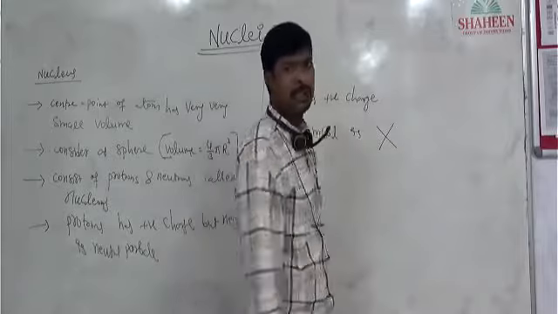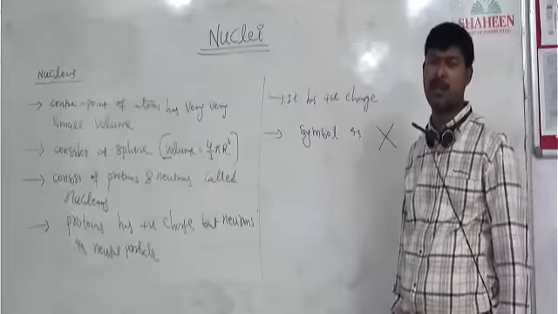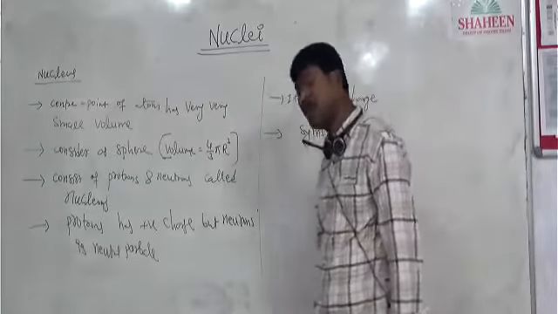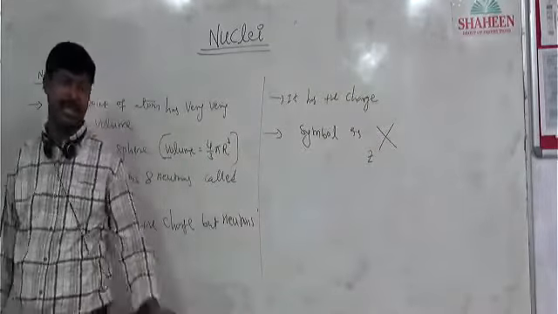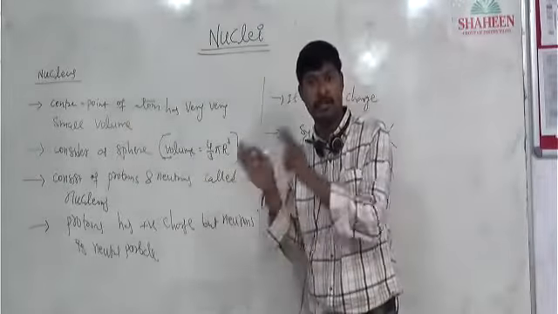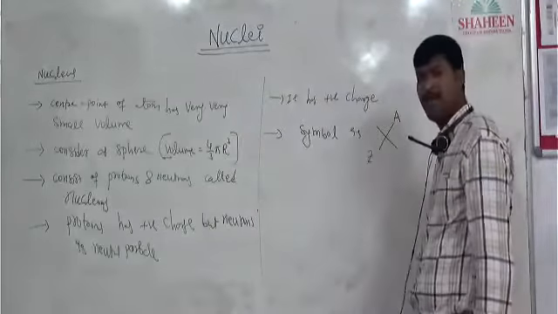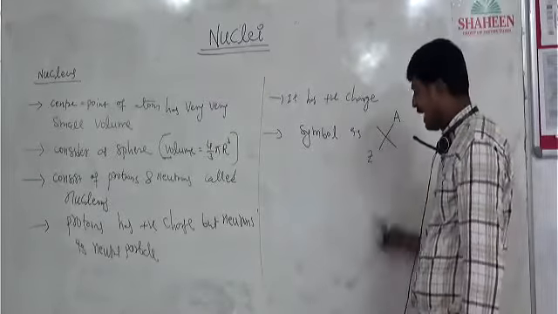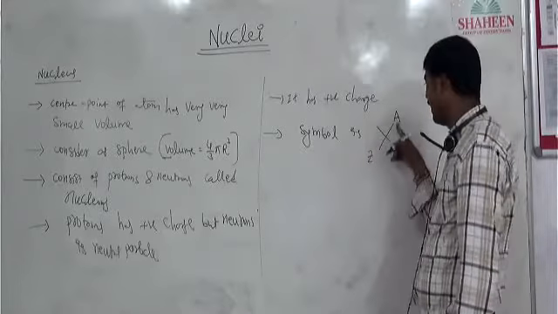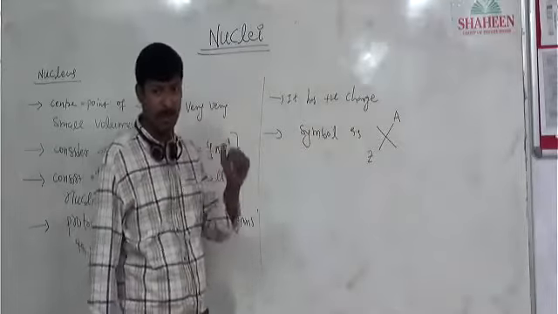The number of protons present in the nucleus is called the atomic number, denoted by Z. The total number of nucleons, meaning the sum of protons and neutrons, is called the mass number or nucleon number, A. So we write X with Z and A. Z represents the number of protons, A represents the number of nucleons, not neutrons, nothing but a combination of protons and neutrons.